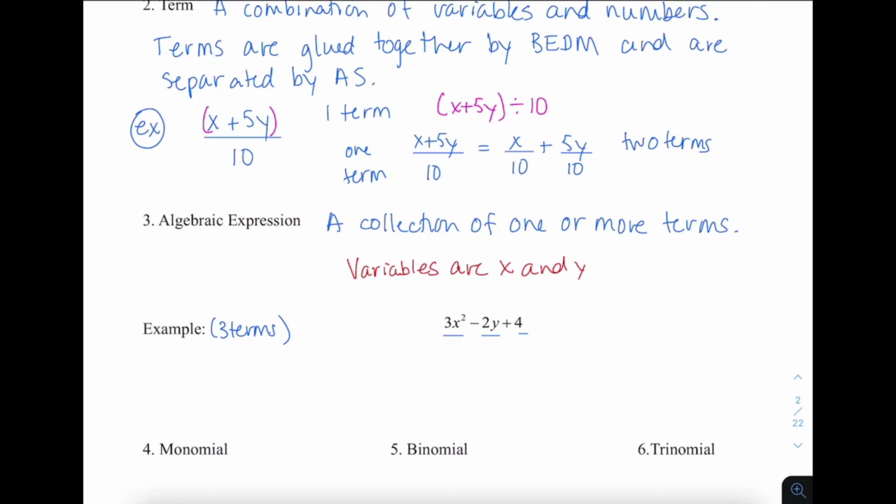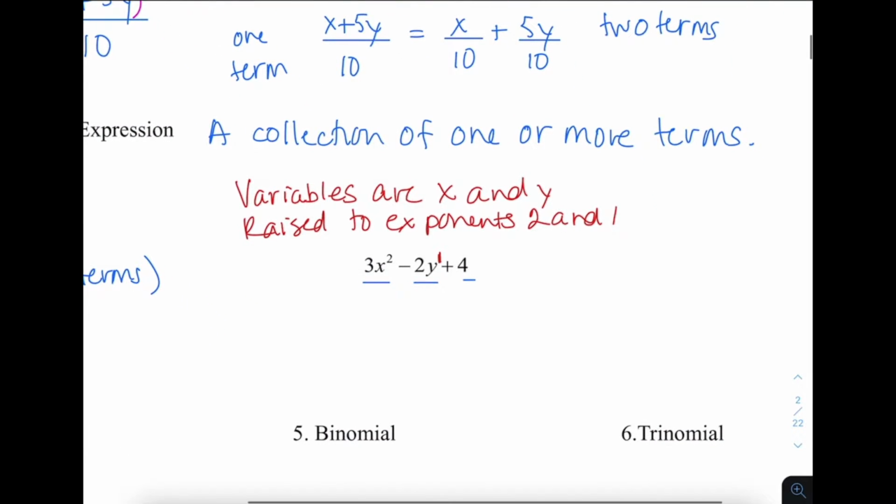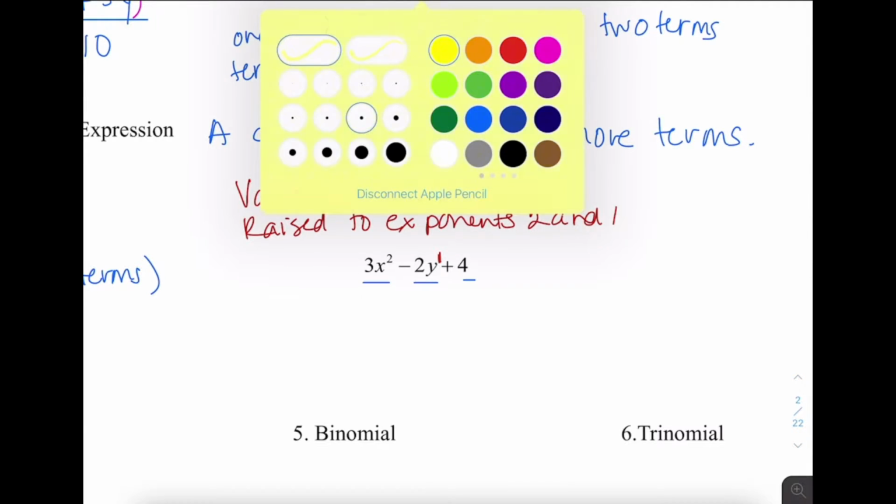And they are raised to the exponents two and 1, respectively. So I know when nothing is there, what is implied is that the exponent is actually 1. Now, what I want to draw your attention to are the numbers in front of the variables.